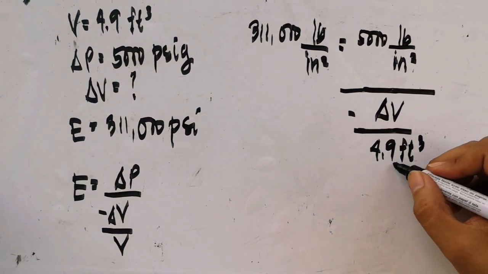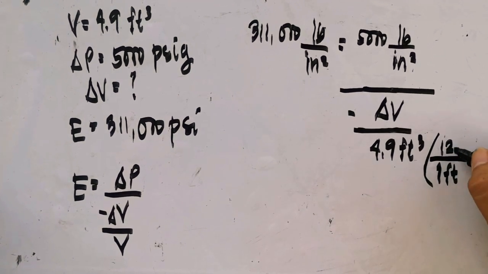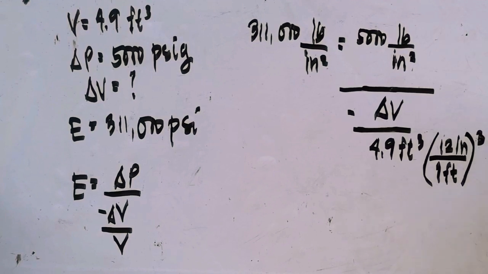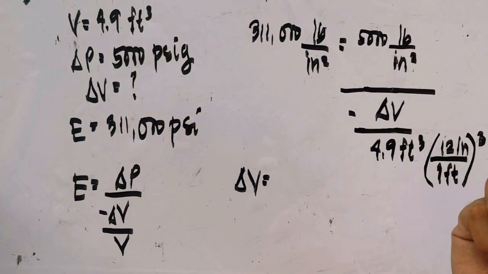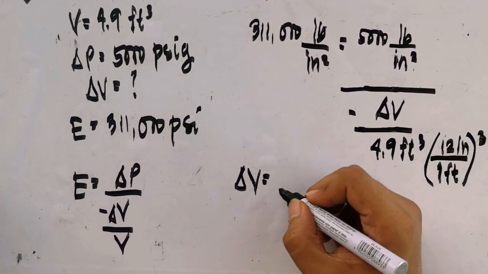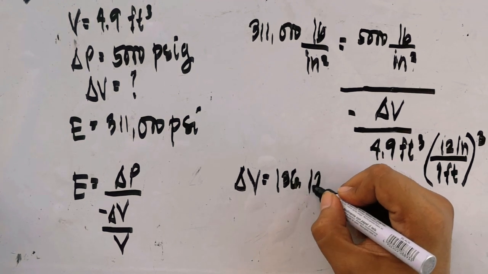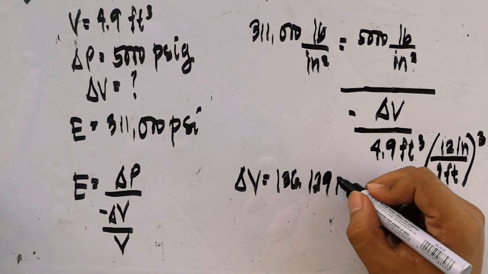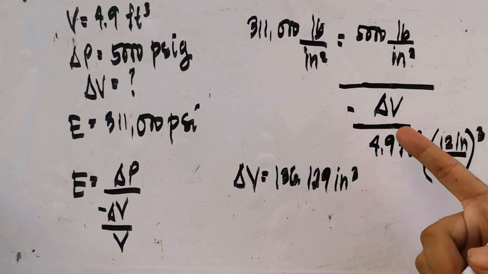Since this is feet cube, times 1 foot, 12 inches cube. Solving for delta V, the change in volume, our change in volume is 136.129 inch cube.